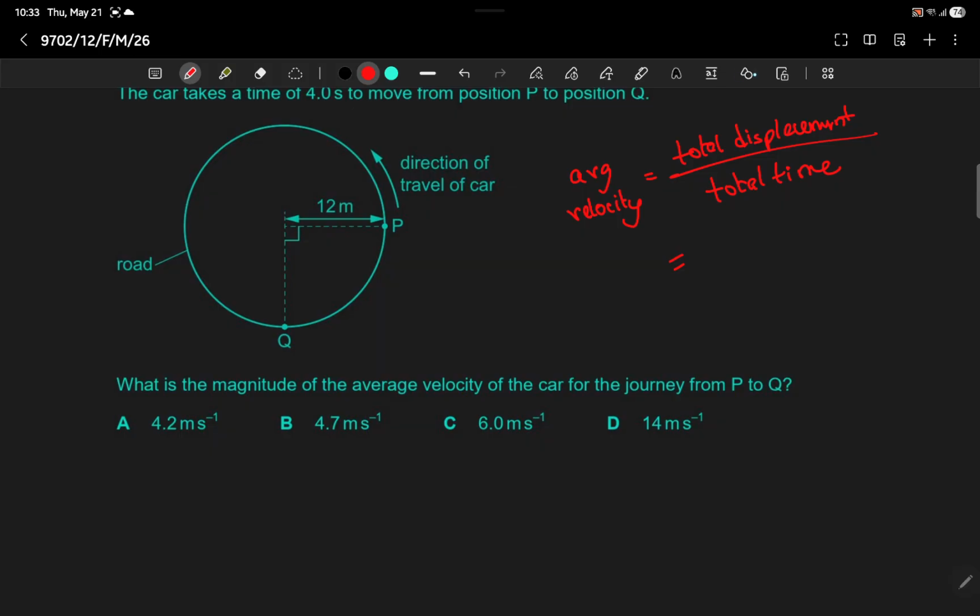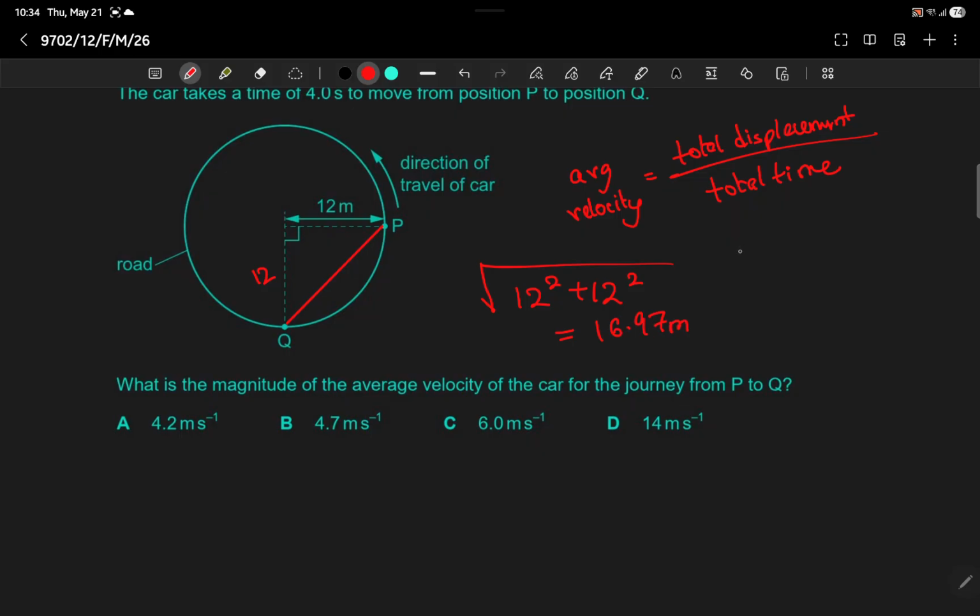If we consider this straight line, it's a right angle triangle. This is 12 and this is a radius, so hence this is 12 as well. So we can just use Pythagoras theorem: 12 squared plus 12 squared, which gives us 16.97 meters.